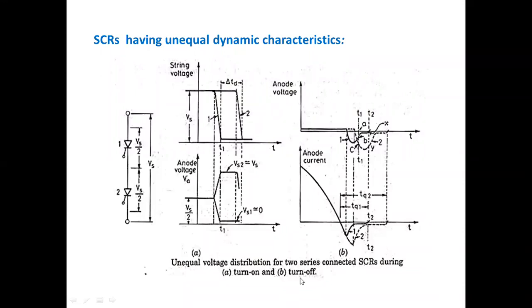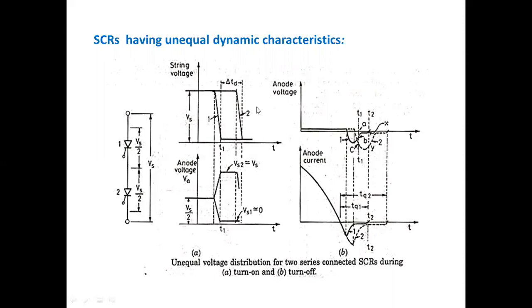These switches have a control terminal, that is, a gate terminal, and they turn on and turn off. If you observe the unequal voltage distribution, the first waveform, the string voltage, is the turn on.